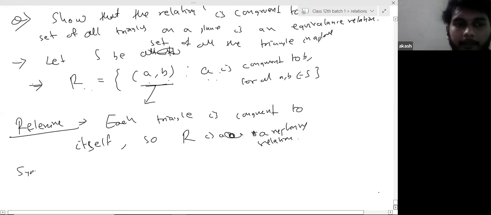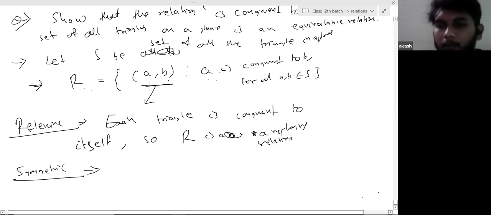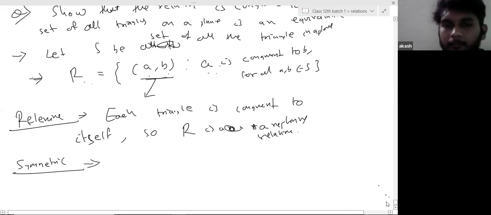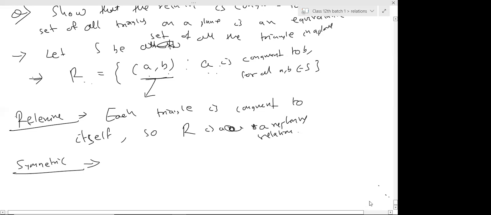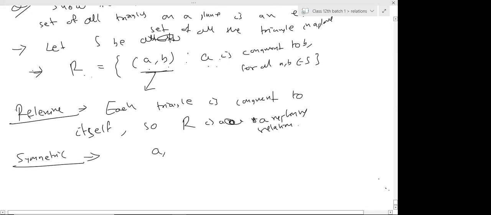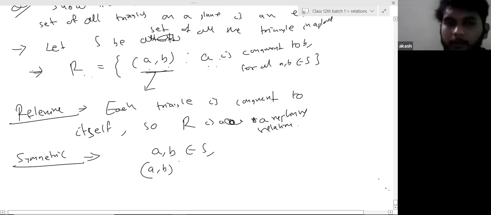What about symmetric? How can we solve this symmetric thing? A comma B is an element of S, and B comma A is also an element of S. If A comma B is congruent, then B comma A should also be congruent. Right. So how can we write this more orderly?